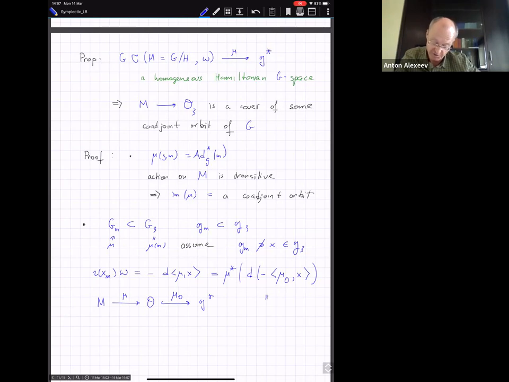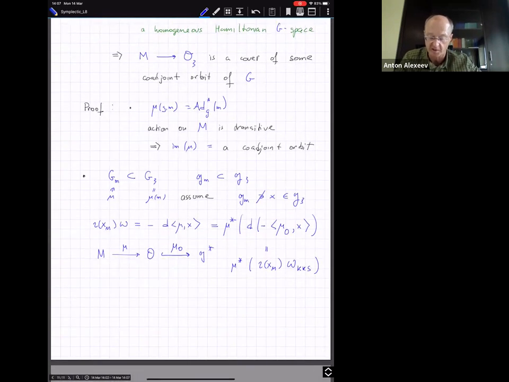So then notice that this would be mu star. And here I will have iota of X_M with the symplectic form of the coadjoint orbit. I denote it omega KKS. But now, if X is in g_psi, this means that X at the point psi where I'm computing is just equal to 0.